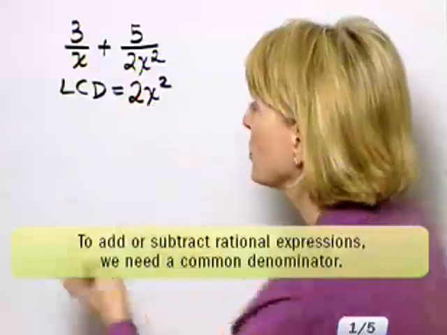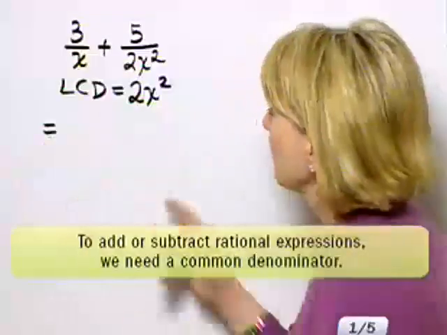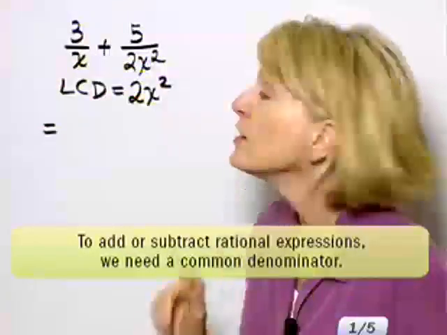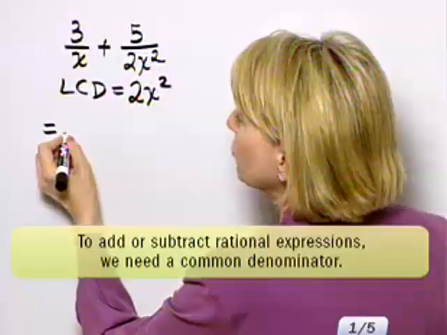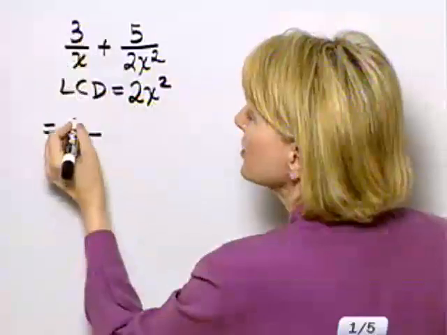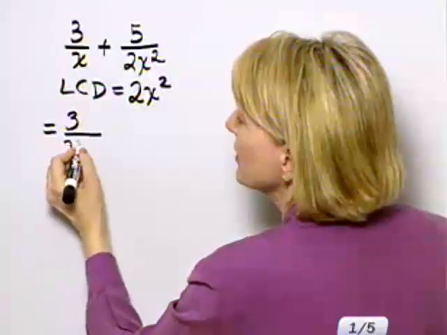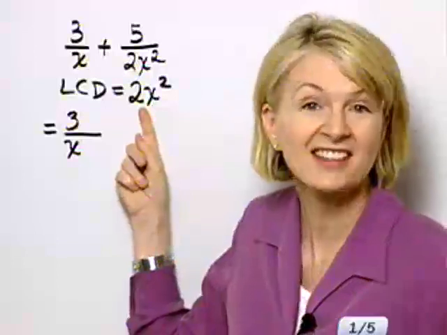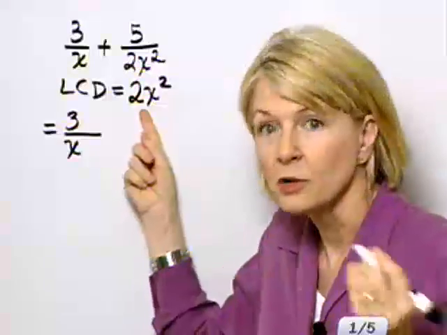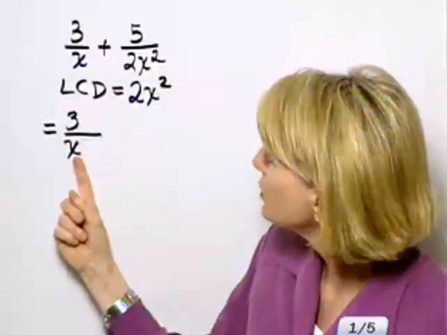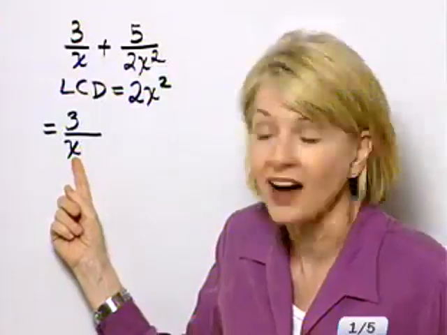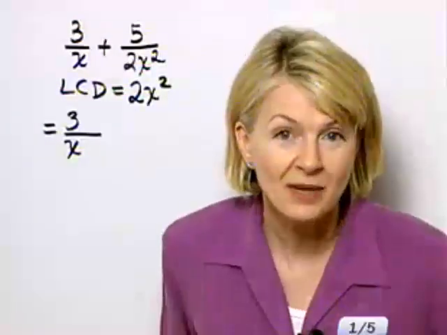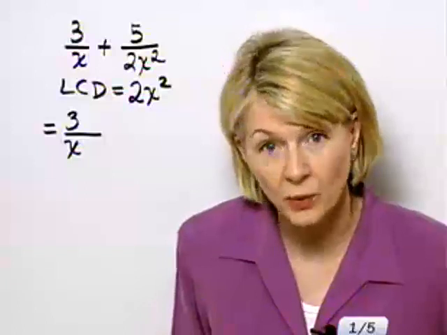Again, to add or subtract, we've got to have the same denominators, so we'll take a moment now and write each rational expression as an equivalent rational expression, but with this as the denominator. So let's ask ourselves, what do we multiply x by in order to have a denominator of 2x squared?